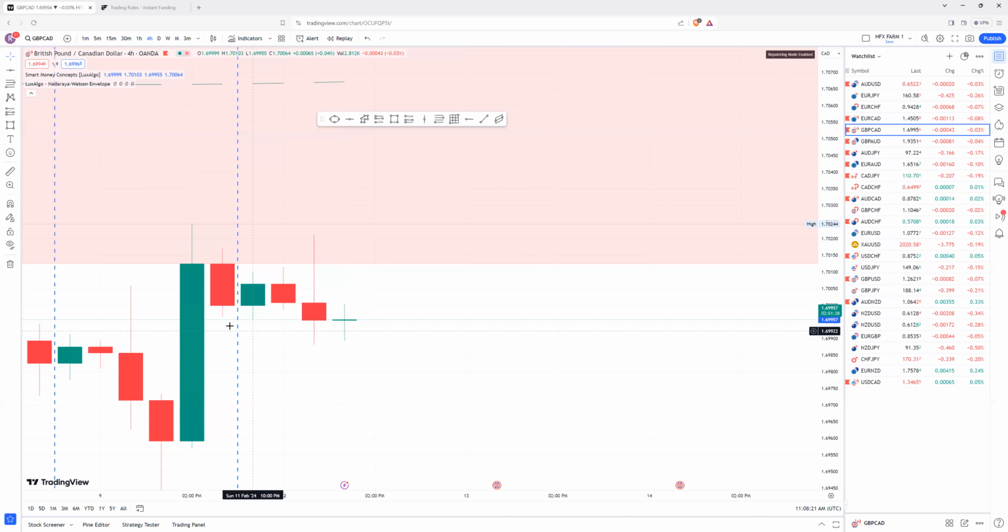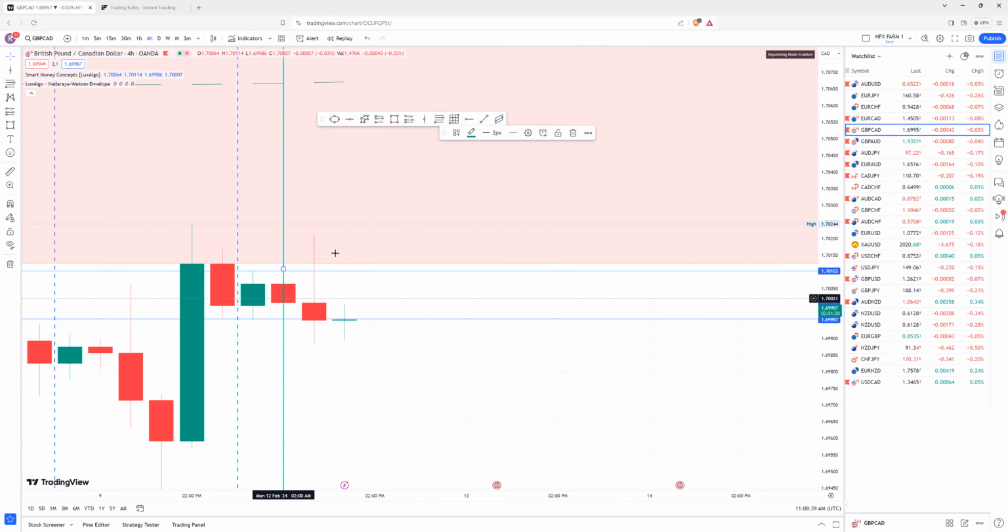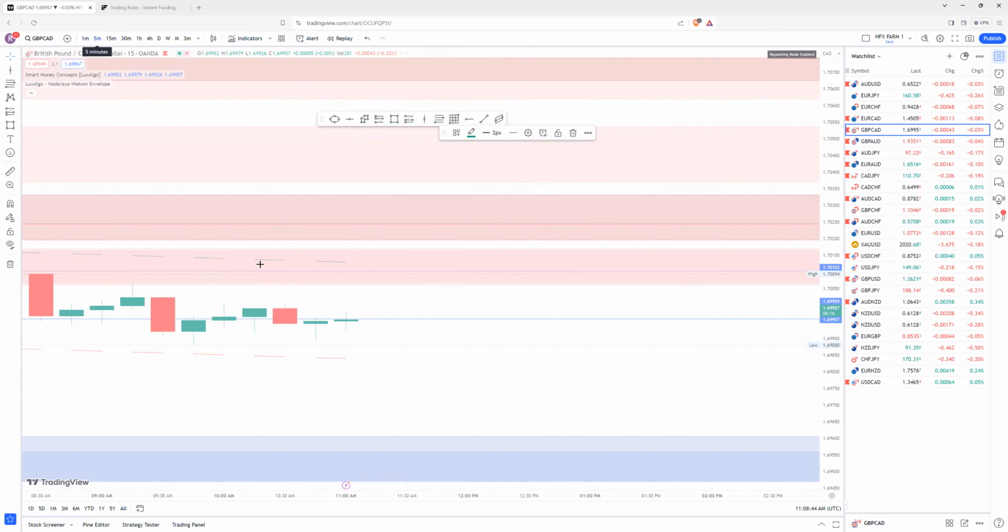This 4-hour candle didn't work. This one worked the first 4 hours of the day, and the opening of this candle. So this will be our horizontal line. And we'll go straight to 15 minutes and 5 minutes to look for trade.